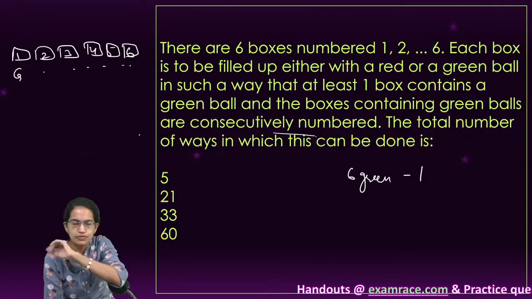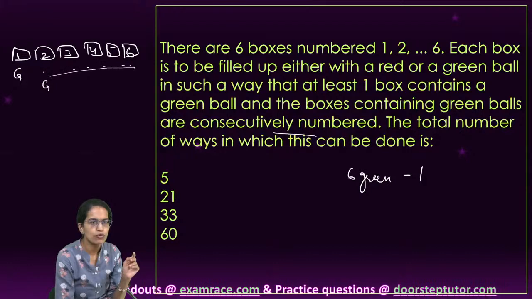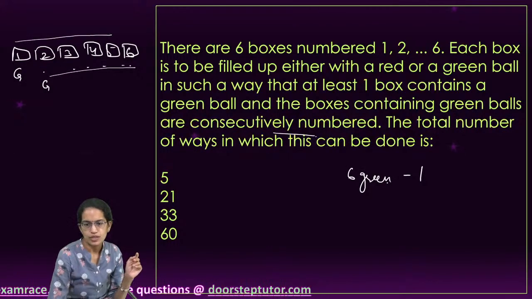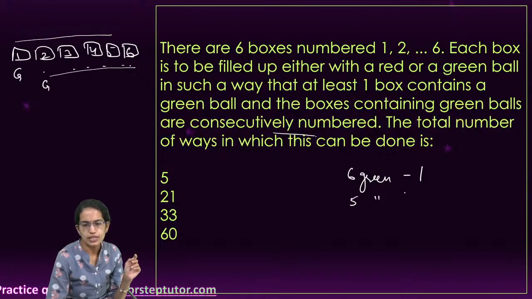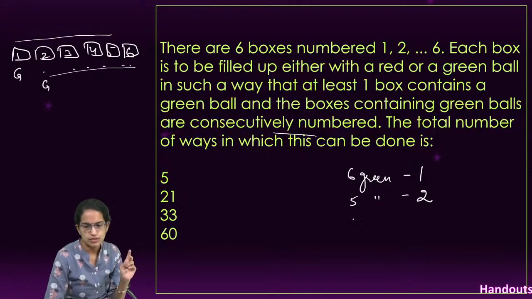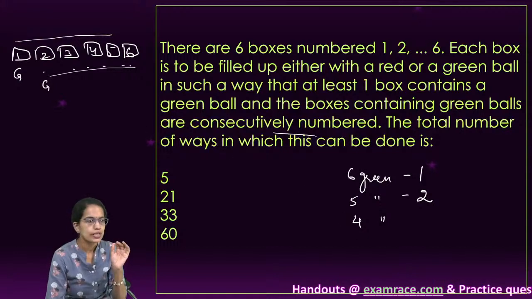1, 2, 3, 4, 5, 6. If there are 5 greens, I can start with 2, 3, 4, 5, 6 or I can have 1, 2, 3, 4, 5. So for 5 greens, I can have 2 ways of doing it. Clear? For 4 greens, if I want to have 4 consecutive greens, how many ways can be there?